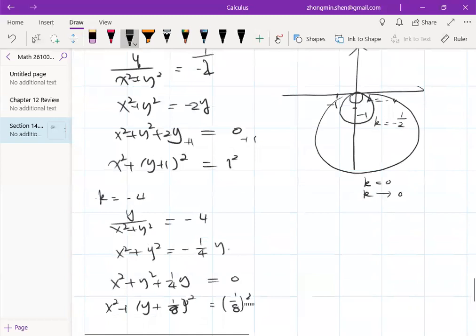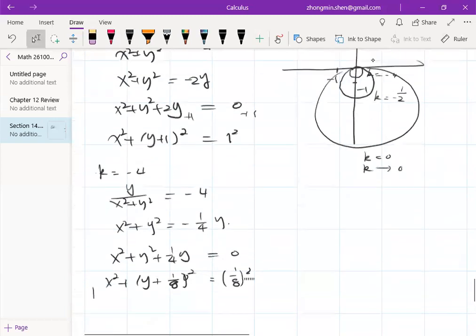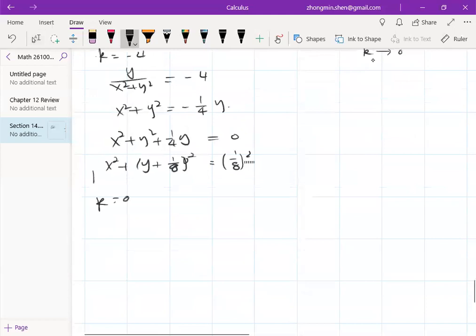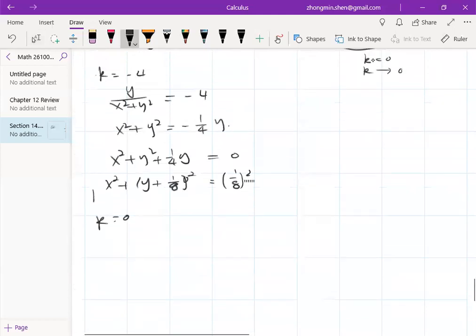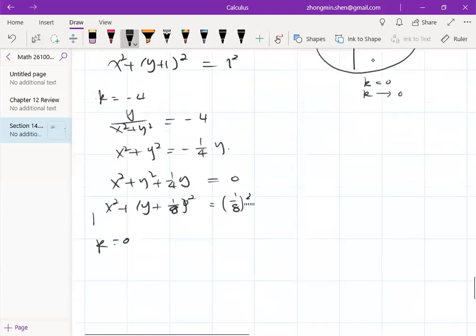So when k equals 0, that's the limit case. When k equals 0, y over x squared plus y squared equals 0. That implies y equals 0, which implies the x-axis.